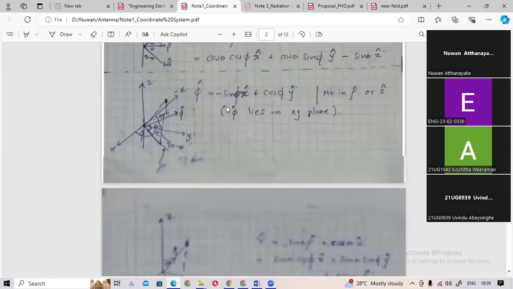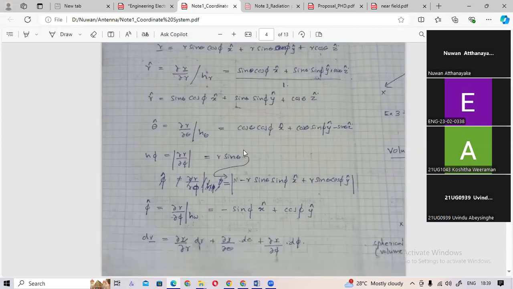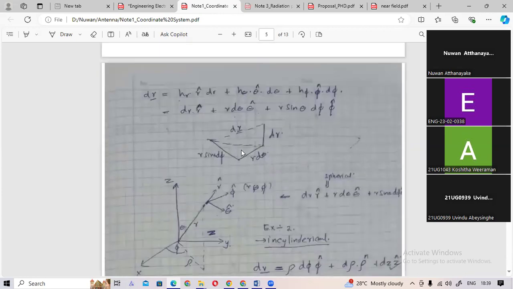If you are doing the surface integration, you need to do the integration within two variables. I always keep remembering this one, I can't remember, I just refer to this one.